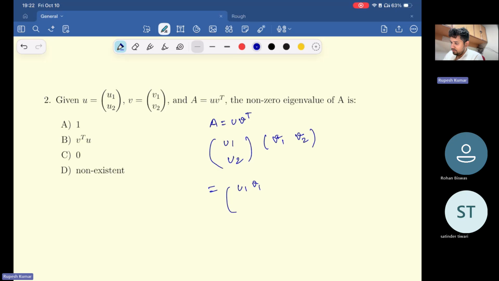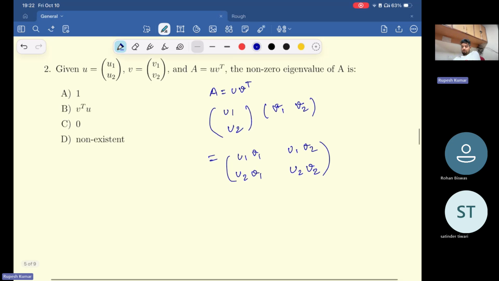So u1 v1, u1 v2, u2 v1, u2 v2, right? Now what you have to do is find the non-zero eigenvalue of A. Anyone?